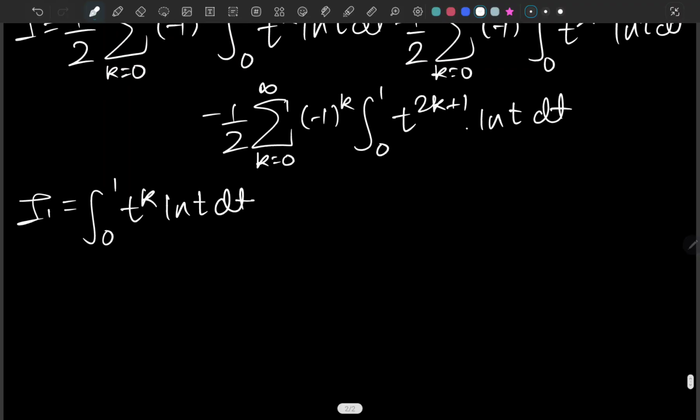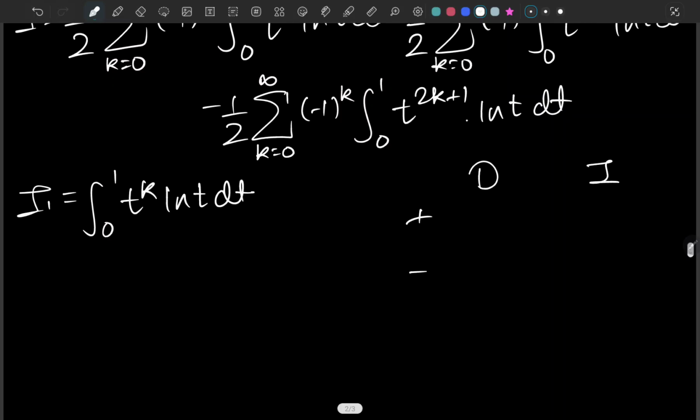For this I'm just going to use the famous DI method that I have been using in most of my videos, or maybe all of my videos, because the standard way of integration by parts is quite boring and something I don't like personally. So that is why I like this one, and this is quite efficient.